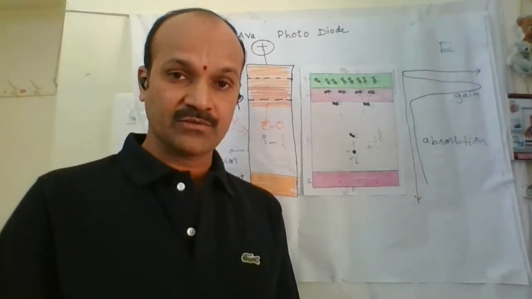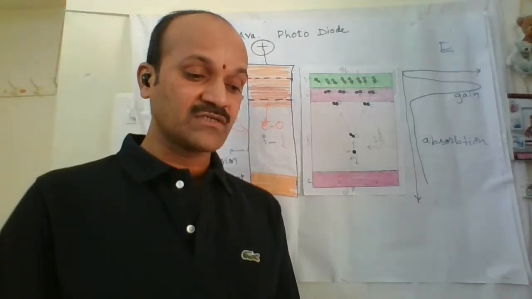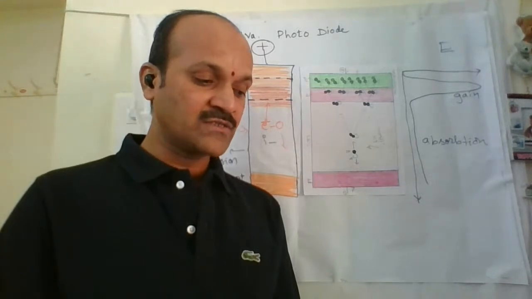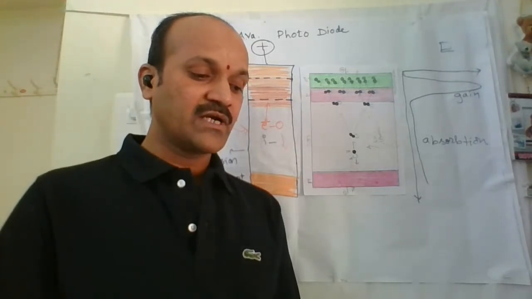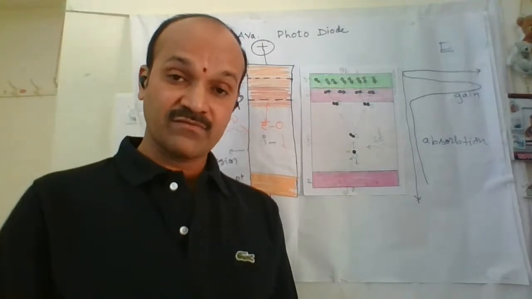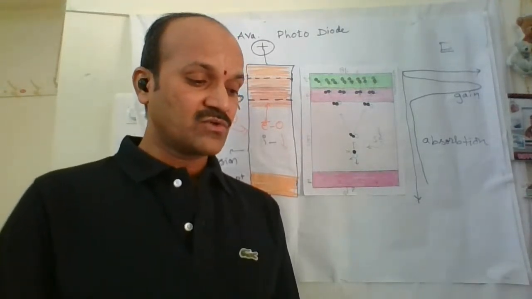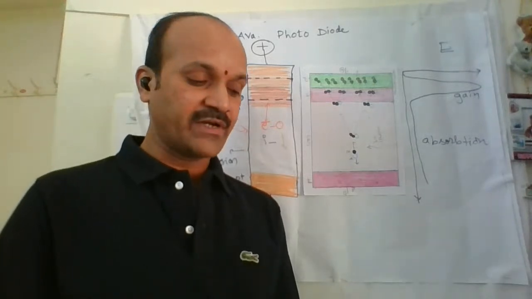It gives out an electron. This is ionizing collision. And the field necessary to produce an ionizing collision is in the range of 10 power 4 to 10 power 5 volt per centimeter. Breakdown voltages. That value depends on the material.